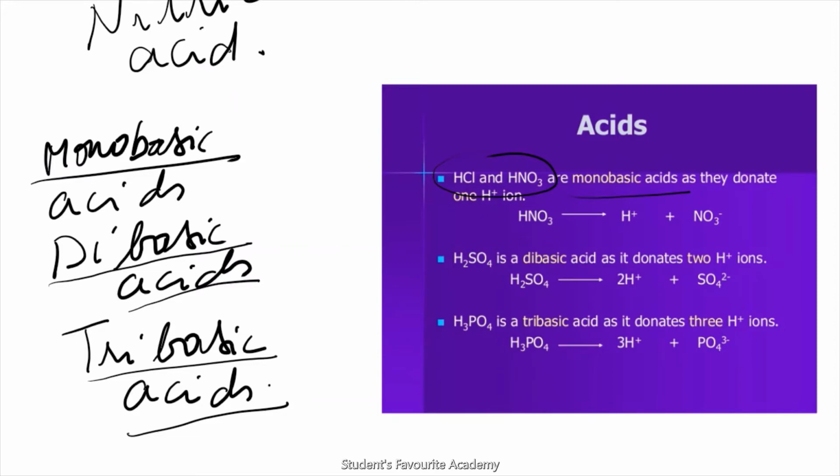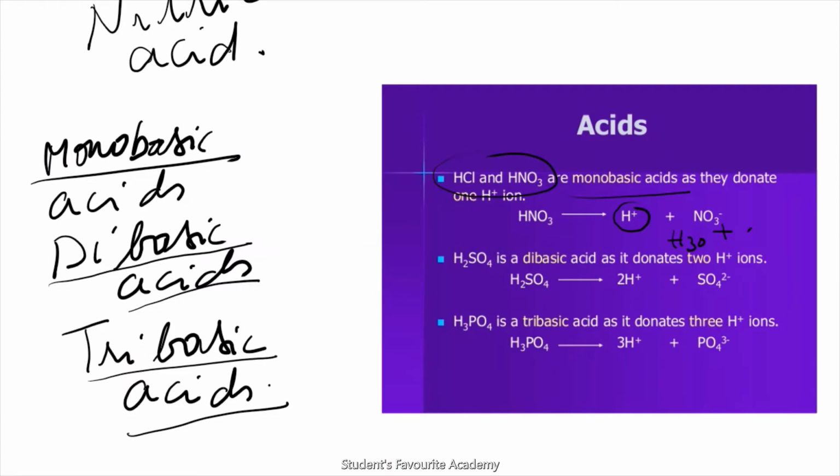They are monobasic acids as per molecule they produce 1 H+, and this 1 H+ goes and combines with water forming one hydronium ion. So monobasic can be defined also as the number of hydrogen ions produced per molecule of the acid.